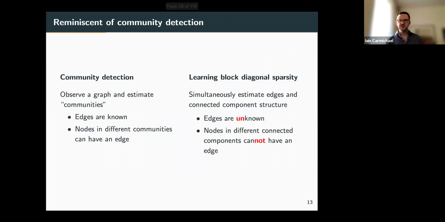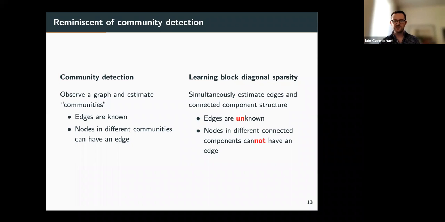And it should immediately remind you of community detection. It's reminiscent of community detection, but it's not quite the same thing. In community detection, we observe some graph, and we want to estimate communities, which are nodes that are densely connected within each other and sparsely connected across communities. In community detection, the edges are known.